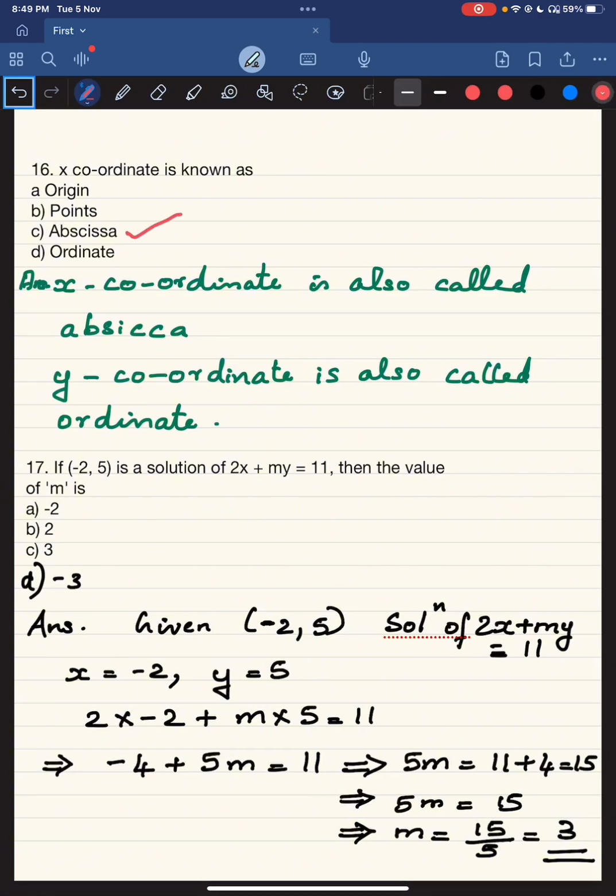You want to learn this by heart. We have a point (x, y) on a plane, on the graph paper, and here x is the x coordinate, which is called abscissa, and y is the y coordinate, which is called ordinate.